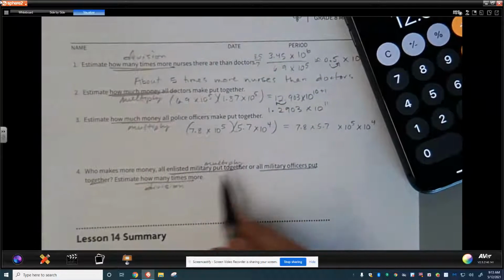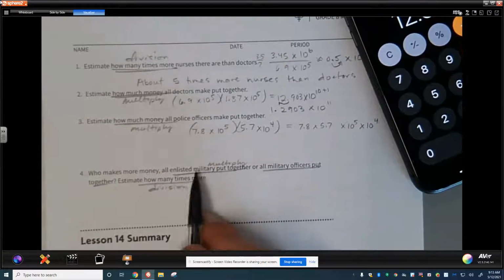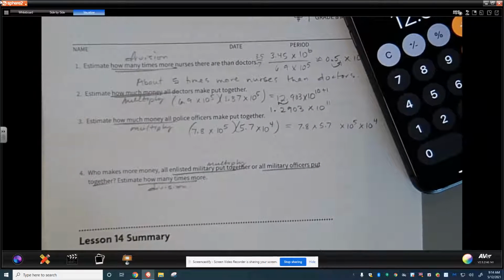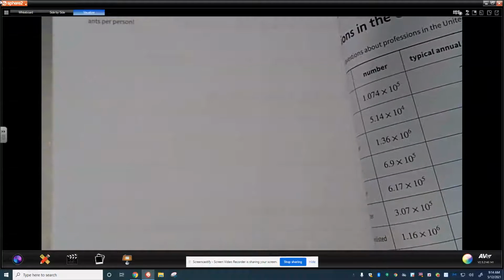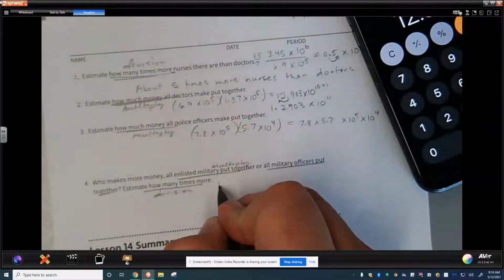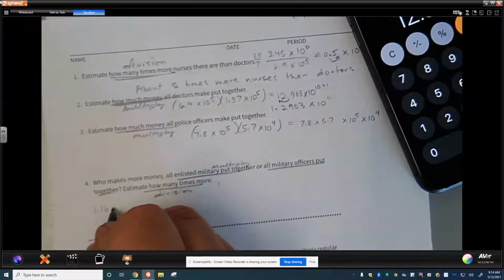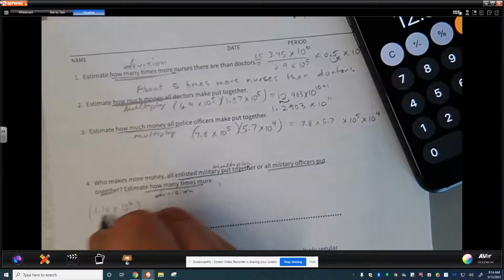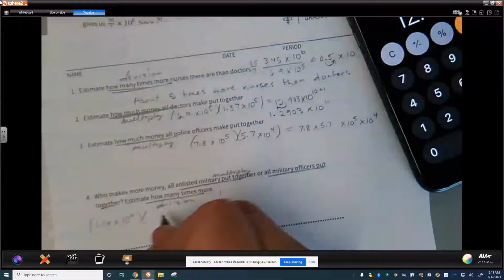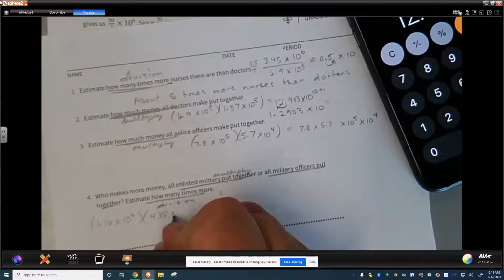And when we talk about the enlisted for the military officers and then the military put all together, talking about who makes more money, we want to take a look at these values and say the military enlisted, 1.16 times 10 to the 6th, times 4 3800s times 10 to the 4th.